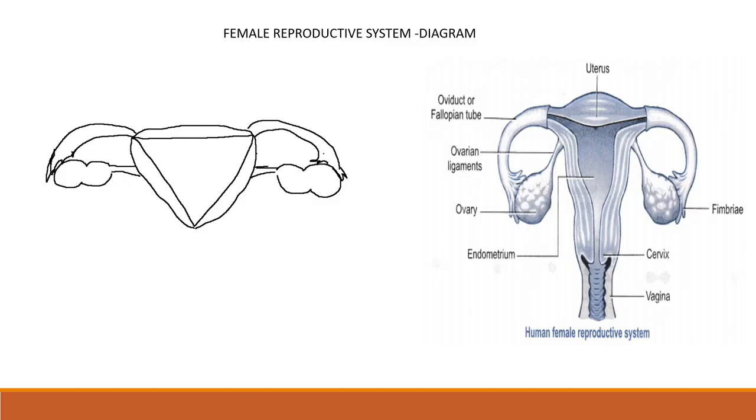Fine. And these are the ovary, and this you can continue down. Here also you can continue it down. And you can make a line like this.